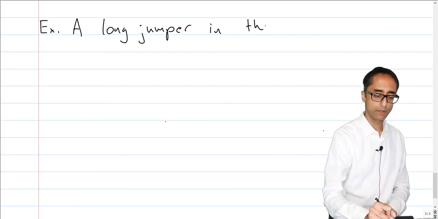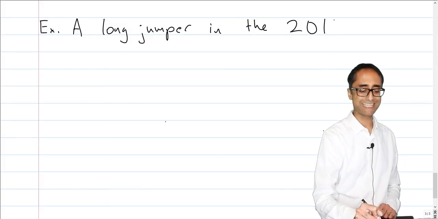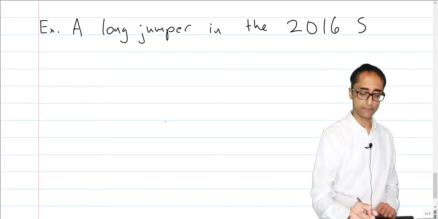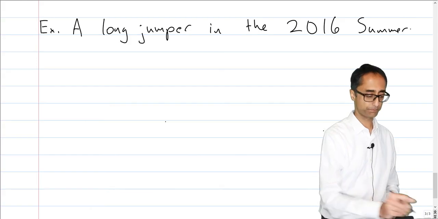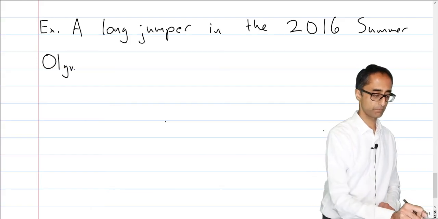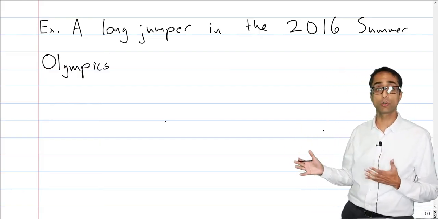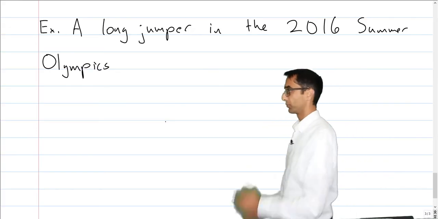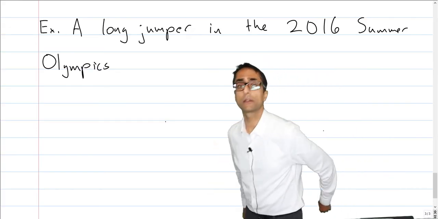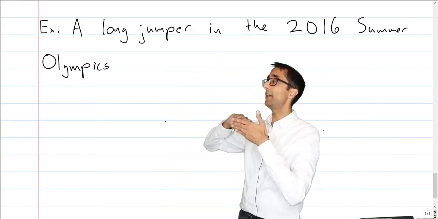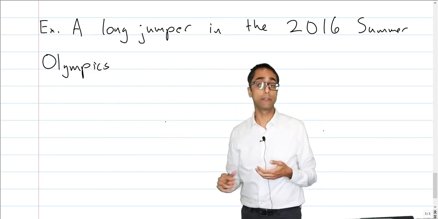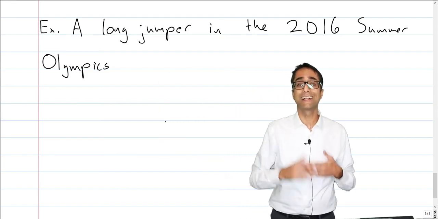And so let's say in the 2016 Summer Olympics. All right. And so the long jump is an event where somebody's running really, really quickly. They get to a mark, they jump off, and they see how far they can go. And they're a projectile the entire time.